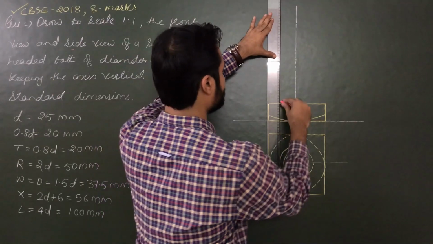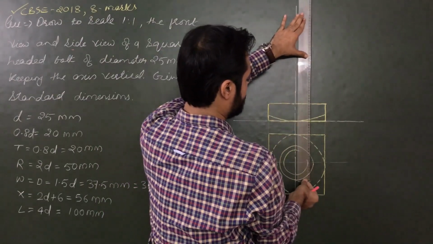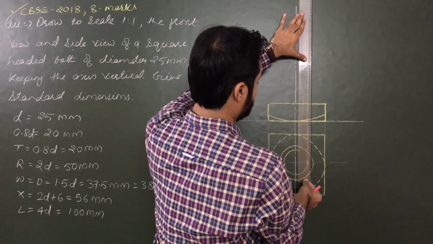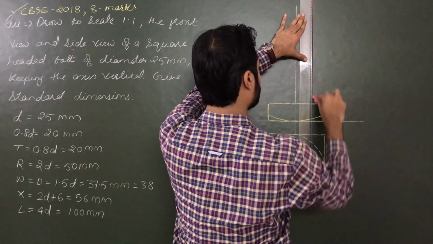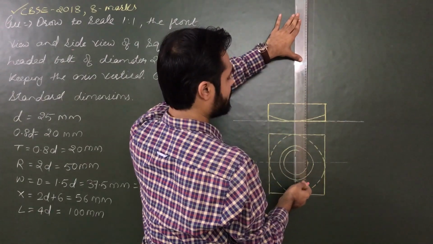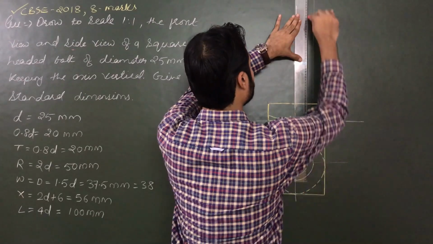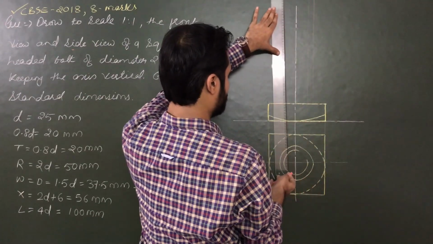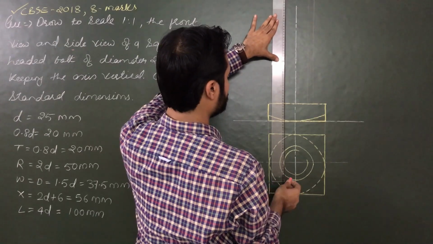First limit for dia d. This is the limit. Dia d. And second limit for minor dia, 0.8 d. This is the limit. 0.8 of d and 0.8 of d.